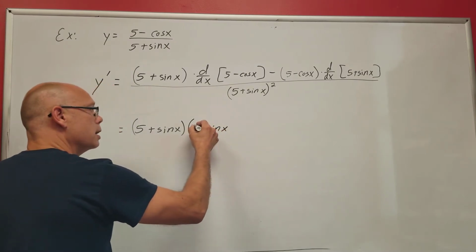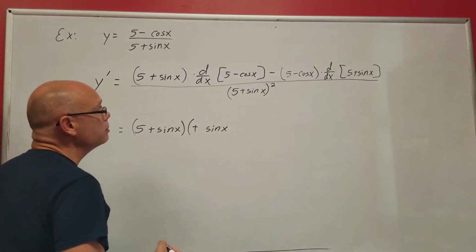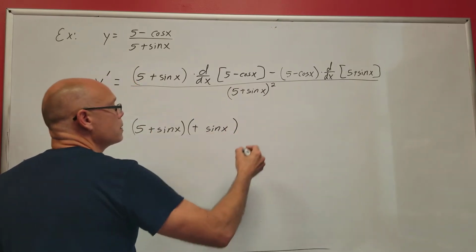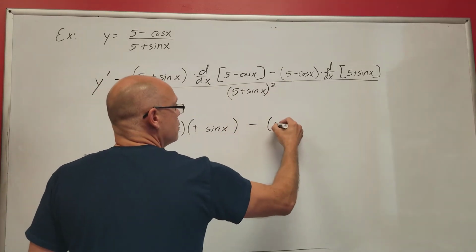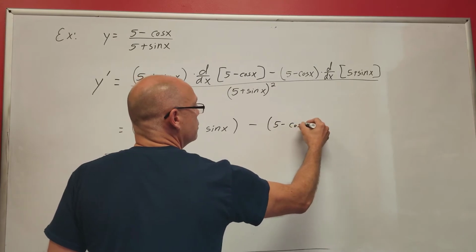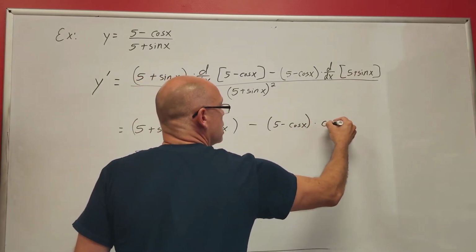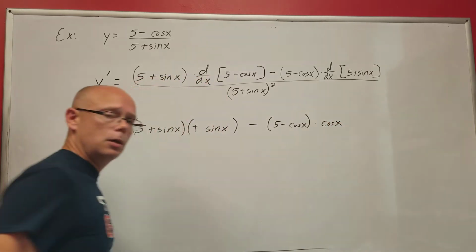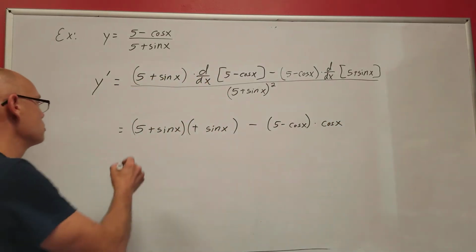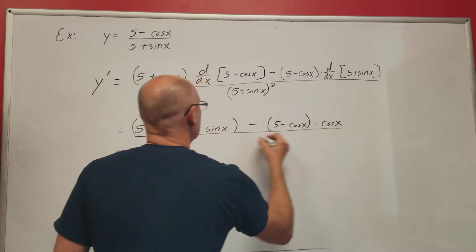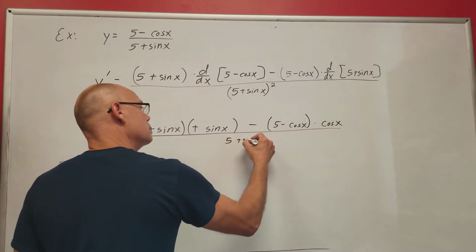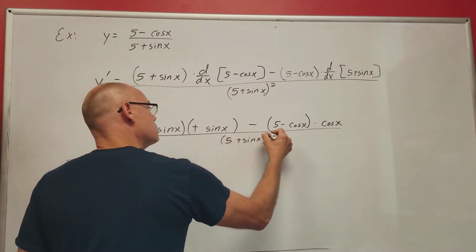So if I put another negative in front here, it's going to make it a positive. Minus 5 minus cosine of x times the derivative of 5 is 0, but what's the derivative of sine? Cosine of x. All over 5 plus sine of x squared.